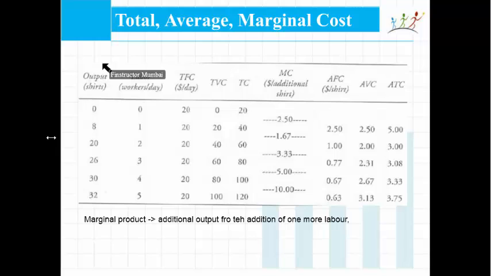Now let's move on to understand the cost structure of the firm. Every firm will have certain fixed costs. Fixed costs include rent, electricity bill, CEO's salary, a security guard.